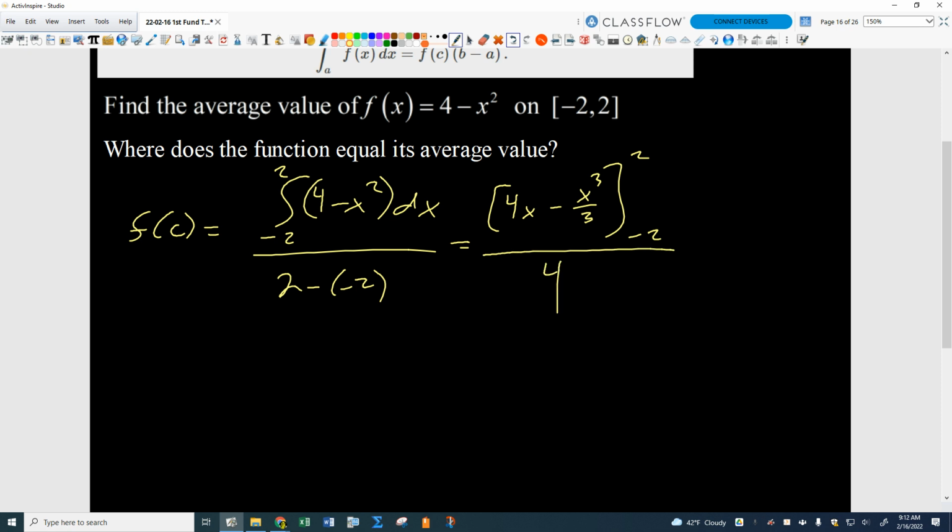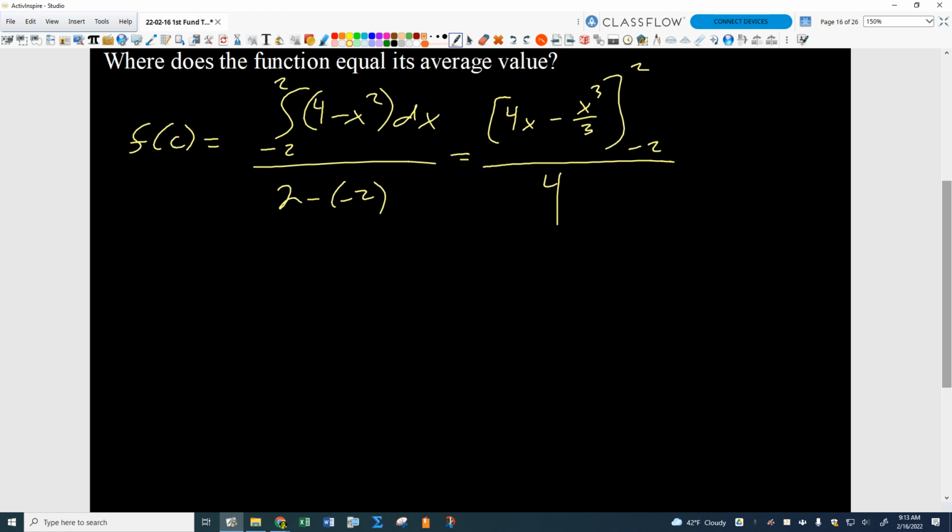And so I could, at least in my head, break this up into separate integrals that I'm evaluating over the two pieces, right? The two terms I could break up into separate integrals. I could integrate term by term over these symmetric limits. And what am I going to find?